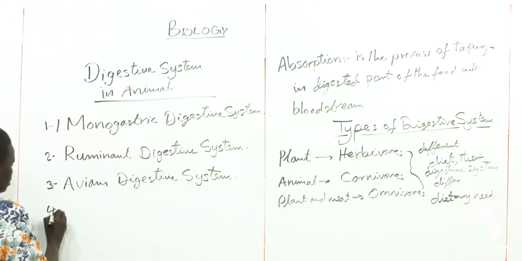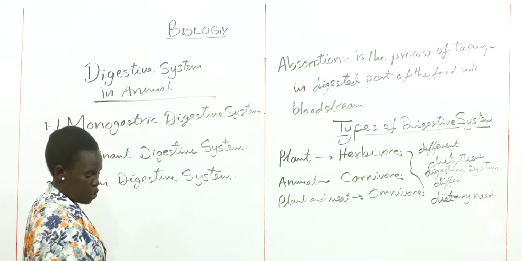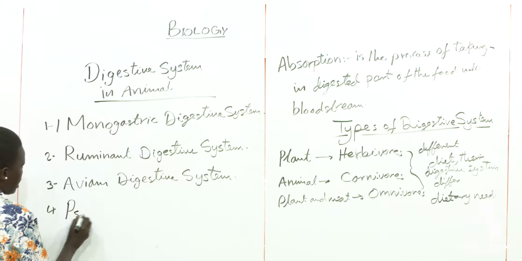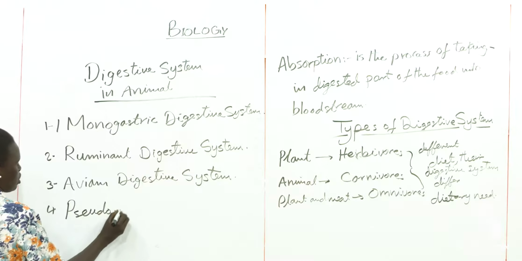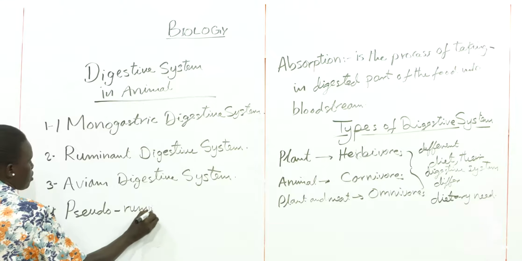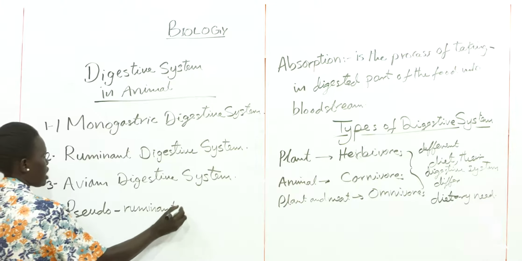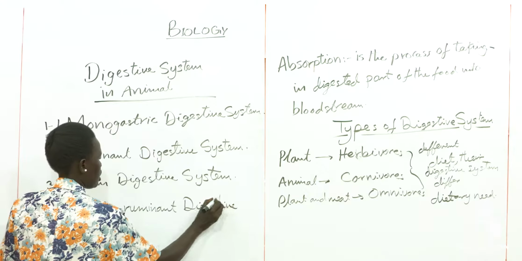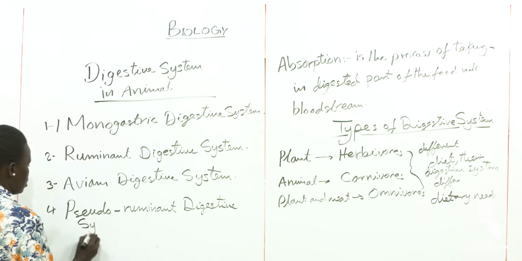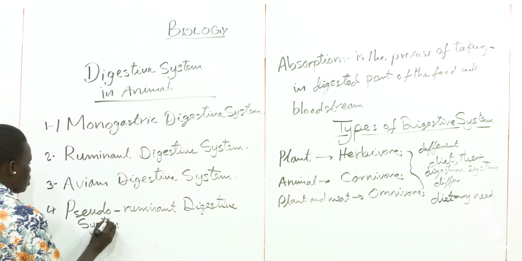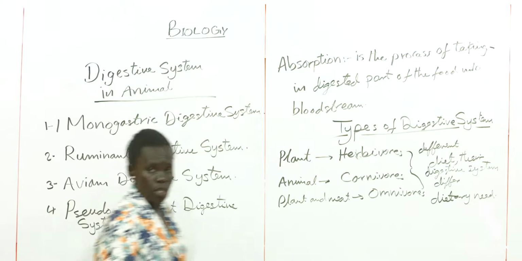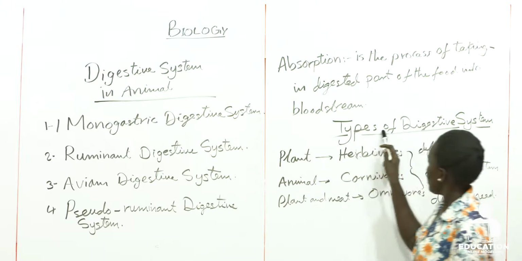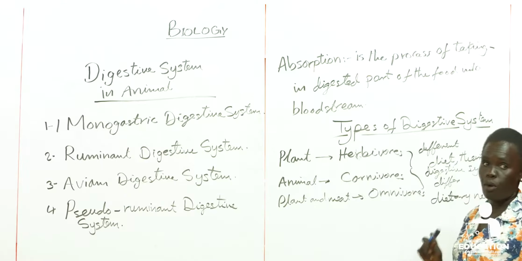The last one is the pseudo-ruminant digestive system. So these are the types of digestive system in animals.